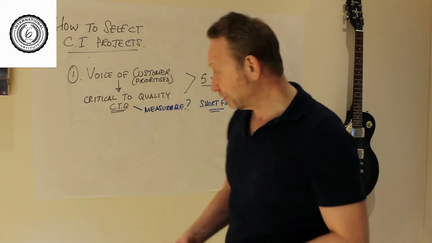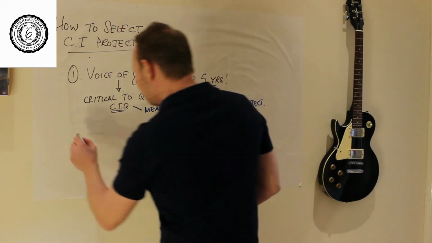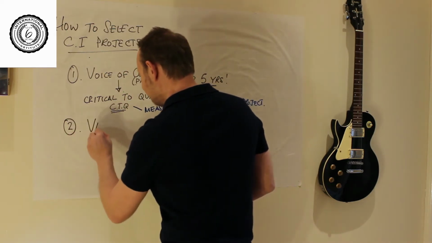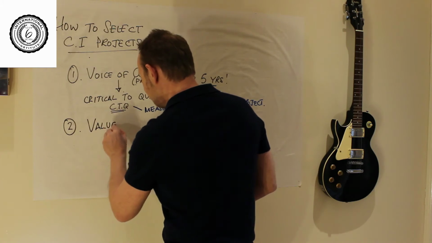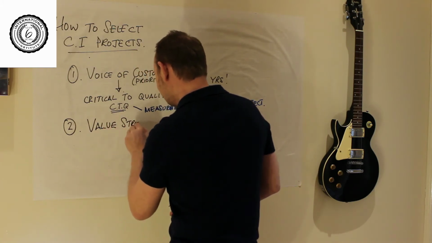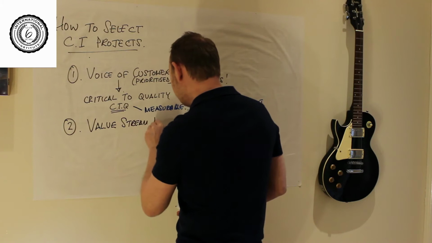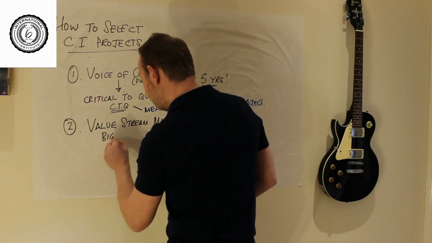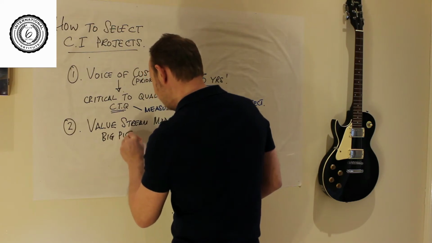Very straightforward. The next one down is the lean tool. You could do a value stream map, sometimes also referred to as a big picture map.